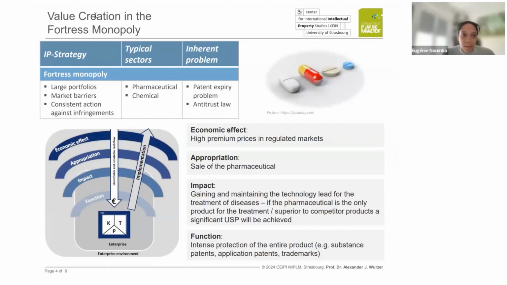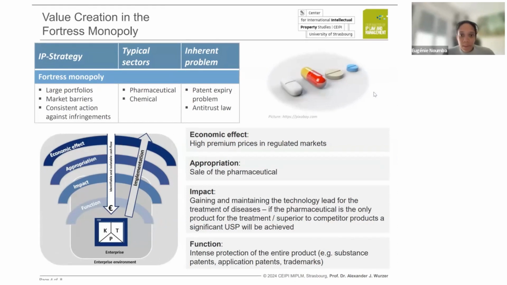So in the case of Fortress monopoly, we will start first with the function of the IP right, with a patent, where the function is to protect their product during 20 years against the competitor copying. And during this time, they will be able to improve their image, their reputation, and make some promotion about their products.